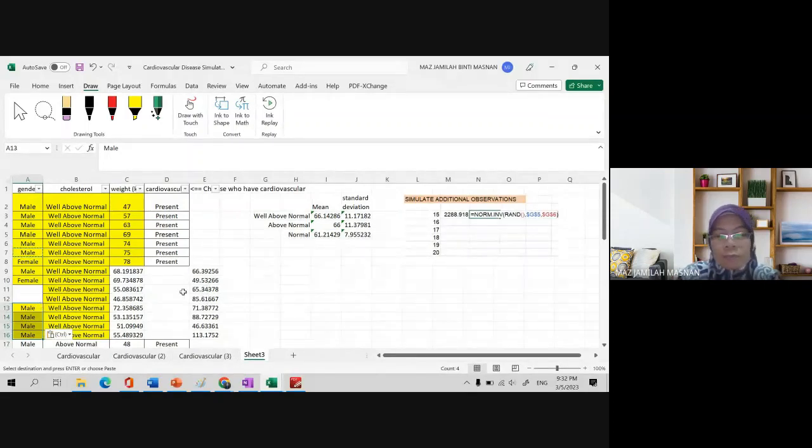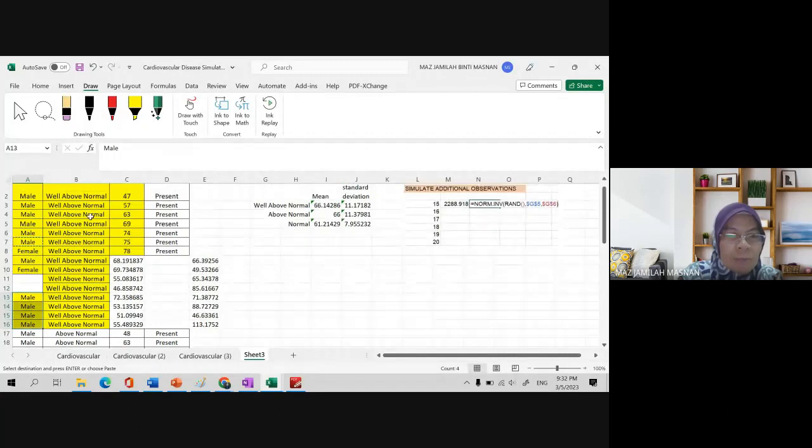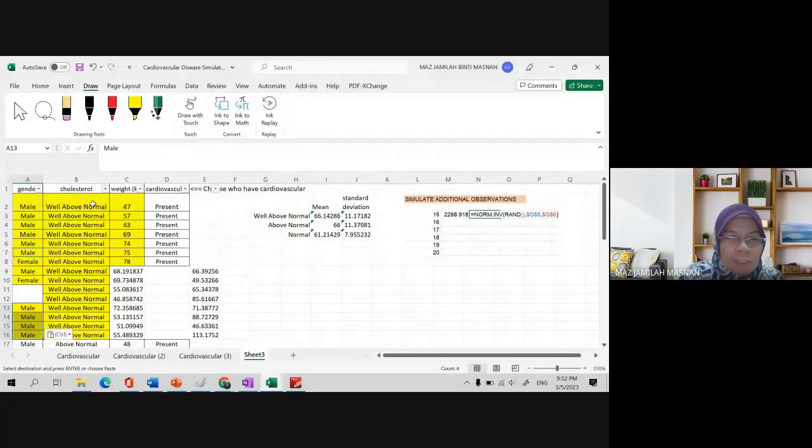So the most important thing is you can generate your quantitative variable, and the qualitative variable you can just copy for the one that you control, and for the gender you can just randomly put them as male or female. This is for the purpose of learning only.